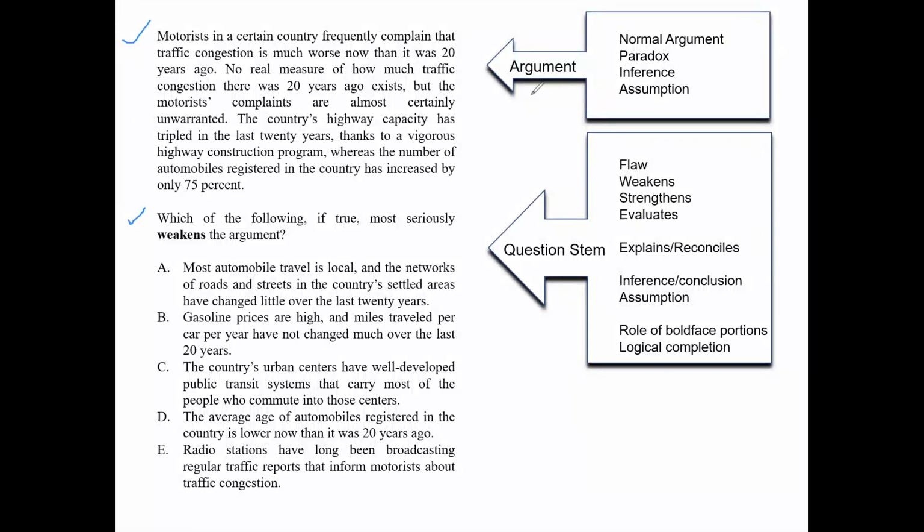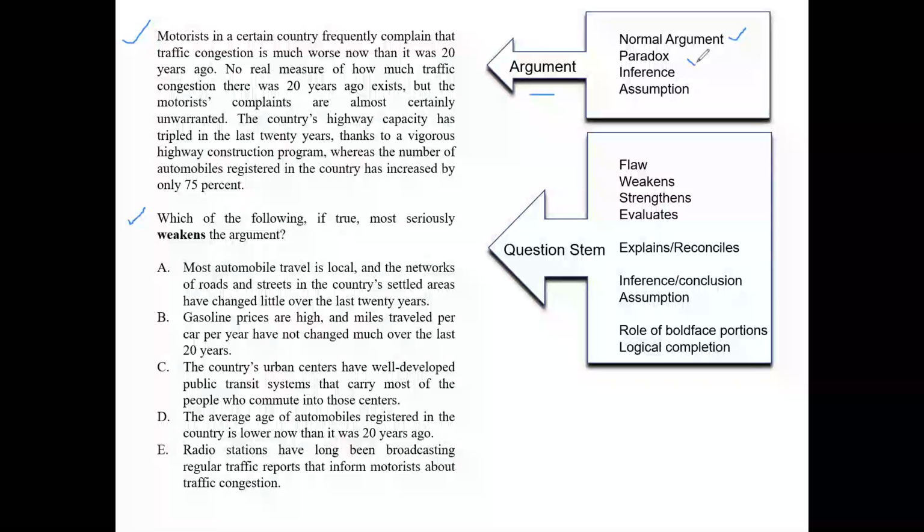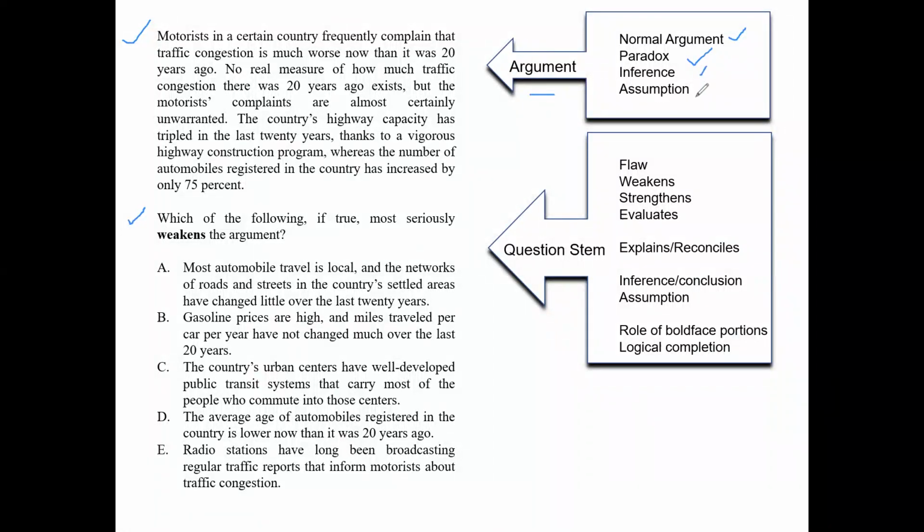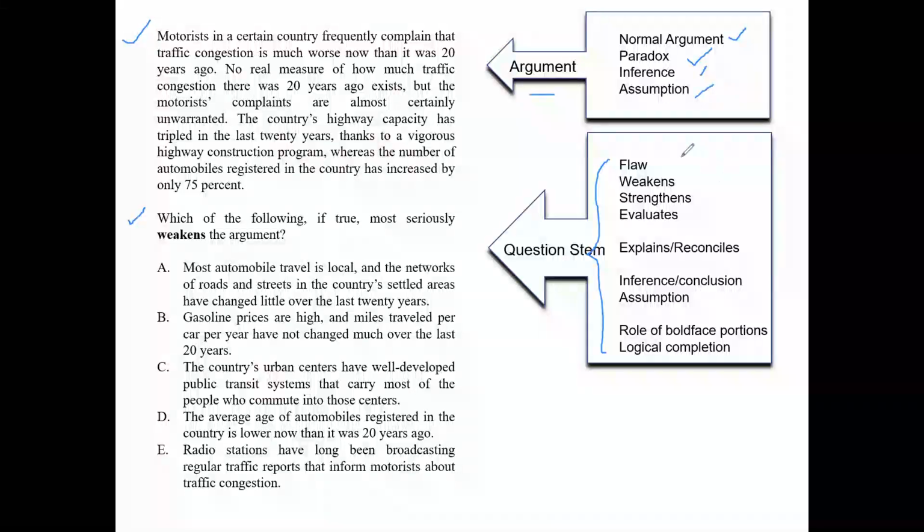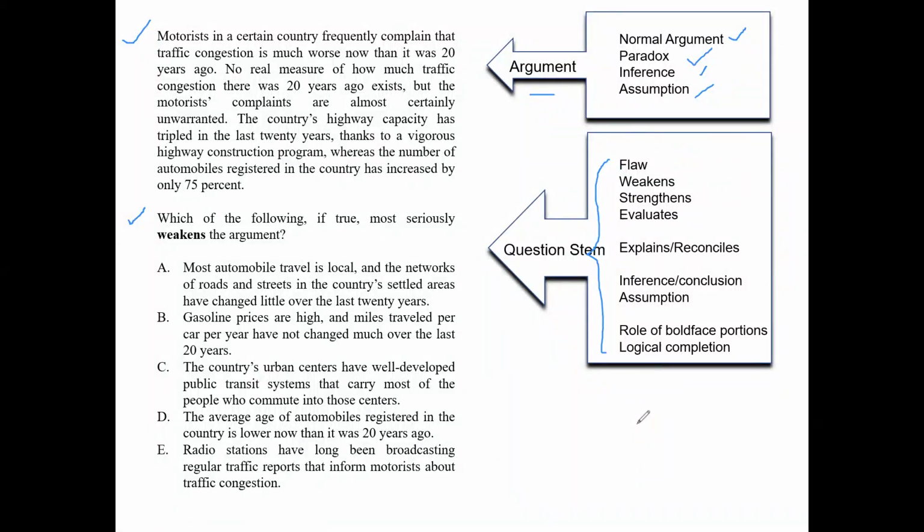There are different types of arguments: a normal argument, paradox argument, inference, and assumption. Based on the structure, they have been classified into these categories. And below that, you see the question stem, different types of questions. They may ask you what is the flaw present in the argument, how to weaken the argument, strengthen the argument. This is how different types of questions come.